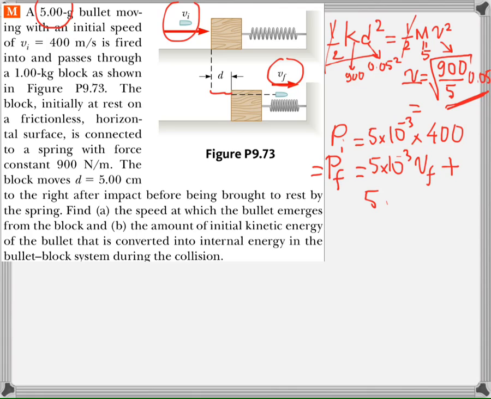The mass of the block is 1 kilogram, sorry. It's 1 times this V, right? Yes.